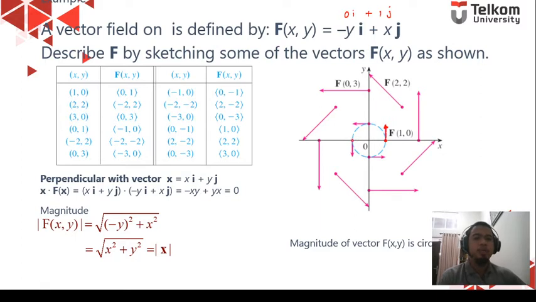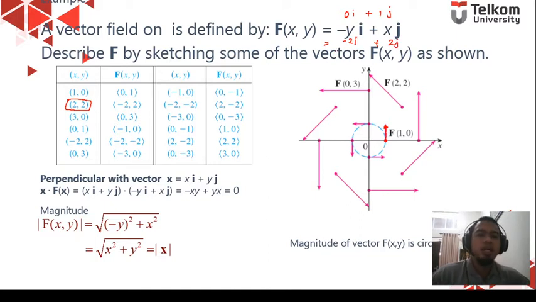The next one, for example, is 2, 2, which means x equal to 2 and y equal to 2. So it will equal minus 2i plus 2j.